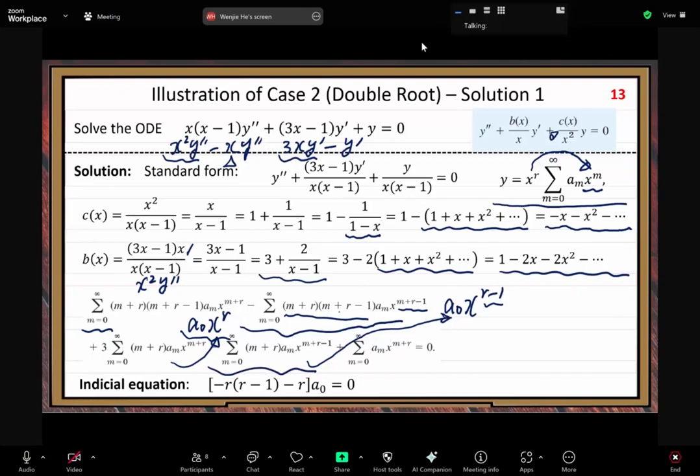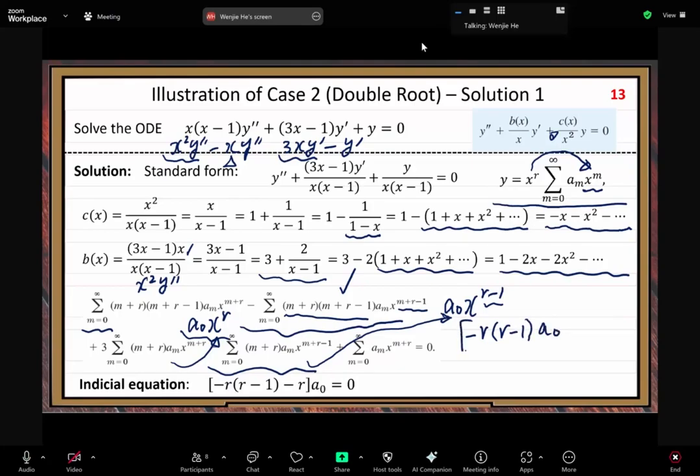Let's look at the contribution from this summation. You plug in m equals 0, and you have negative r times r minus 1, a0.